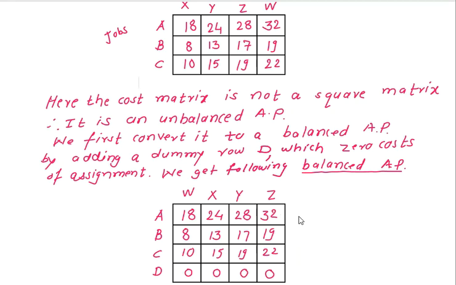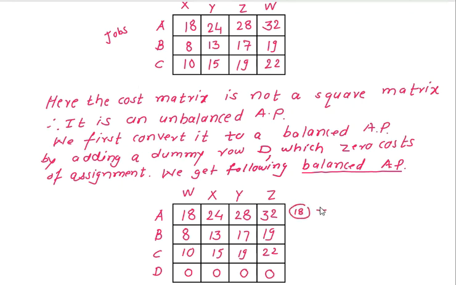Subtract the minimum element of each row from all the entries in that row. So what is the smallest entry in the first row? 18 is the smallest entry in the first row.